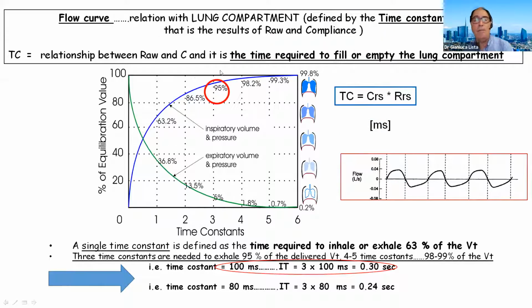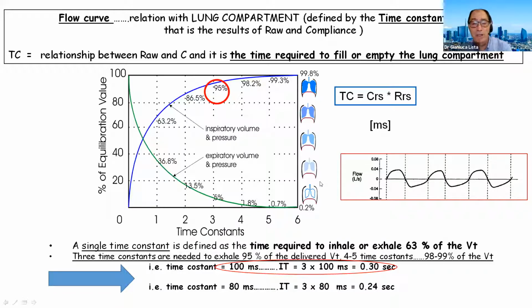I want you to remember that the time constant is the time required to fill or to empty the lung compartment, and that we need a single time constant in order to inhale or exhale 63% of the tidal volume, and that we need three time constants to exhale 95% of the delivered tidal volume.